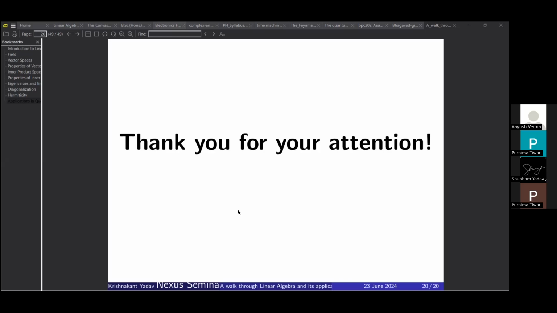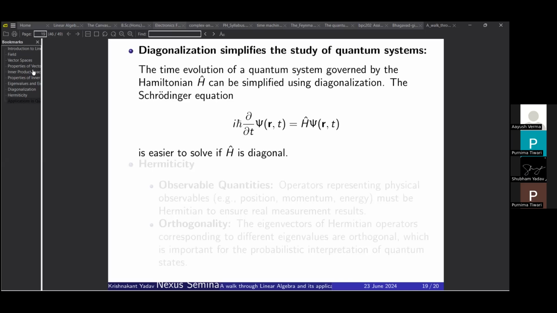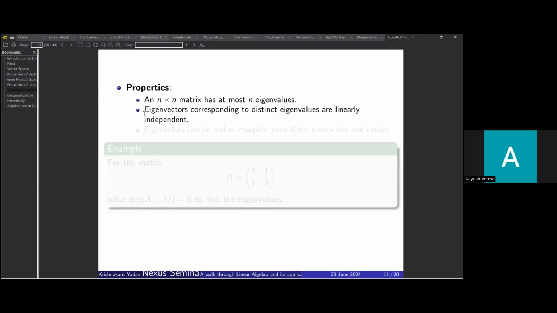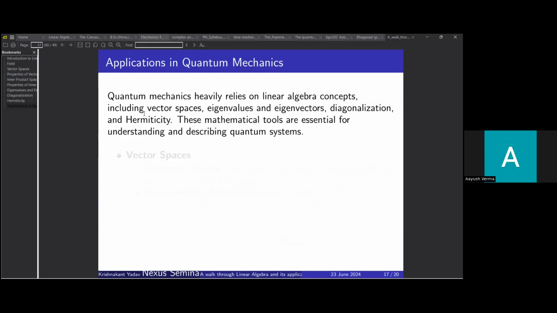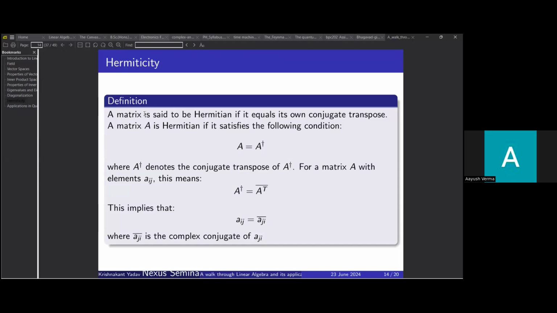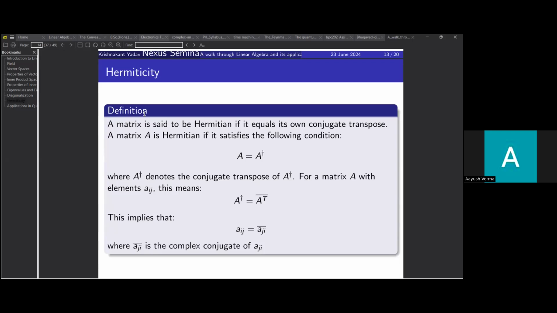There was a page where you have shown a complex matrix, and you have shown the complex conjugate of that matrix.